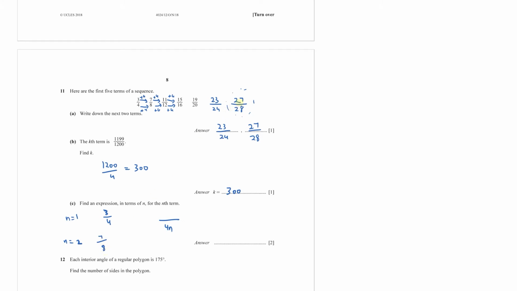And 27 by 28, this numerator 27 is 1 less than the denominator. So the denominator is 4n and the numerator is 4n minus 1. So your nth term is 4n minus 1 over 4n.